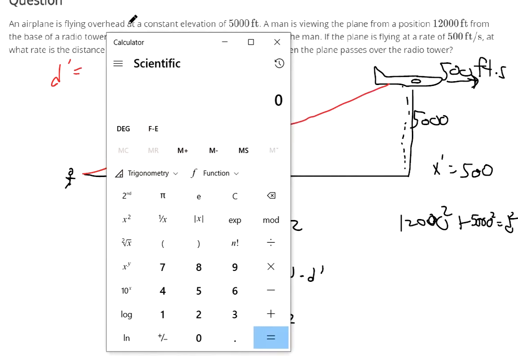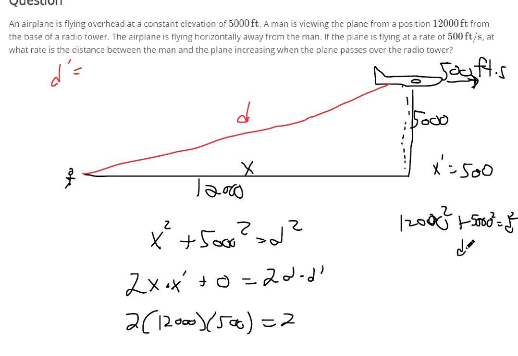So with my calculator, 12,000 squared plus 5,000 squared. Maybe I'll get lucky. Yeah, 13,000. So D equals 13,000. So at this particular instant, D equals 13,000.